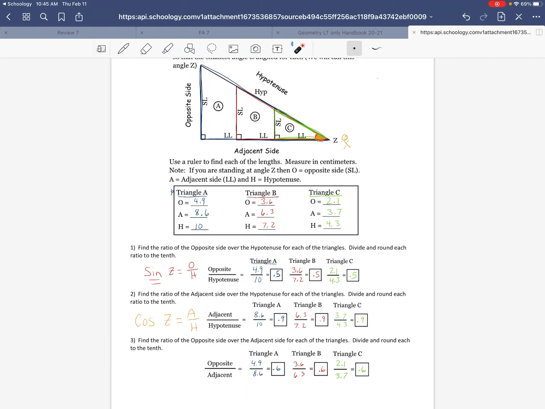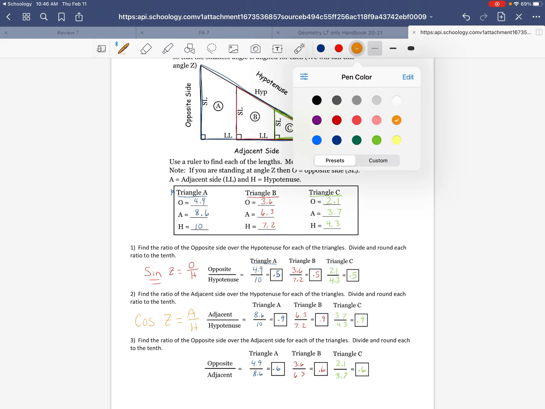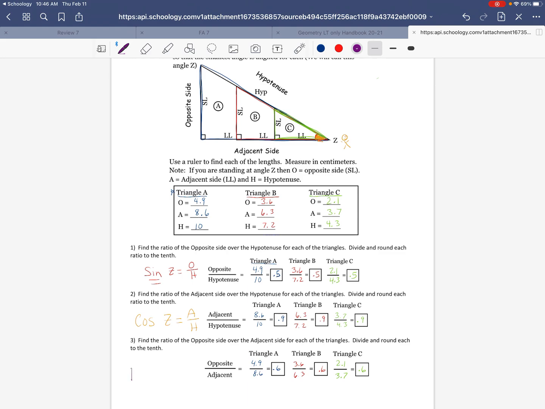Now it won't be 0.6 if z is larger or if z is smaller, but they will be the same ratio. And so because of that, we notice that we will always have the same ratio when we take opposite over adjacent. We call that the tangent. It looks like tan, but it means tangent of our angle z always equals the opposite over the adjacent.